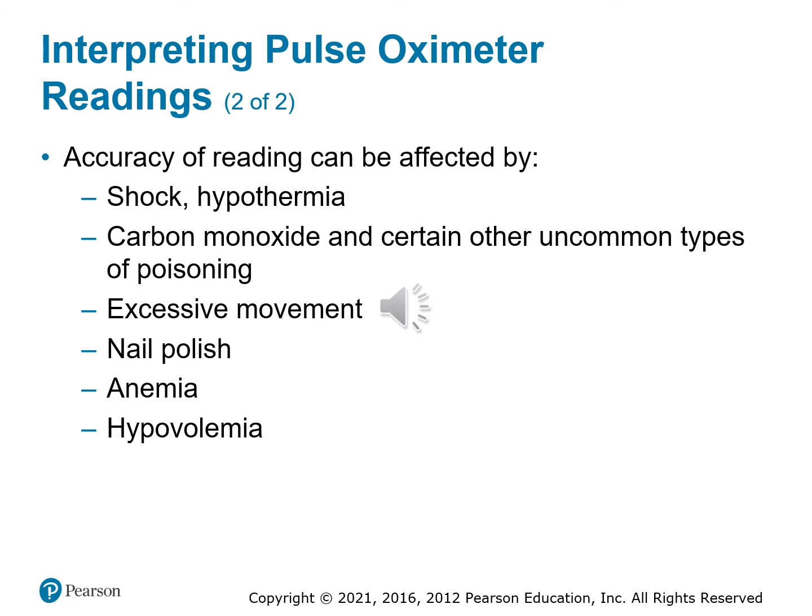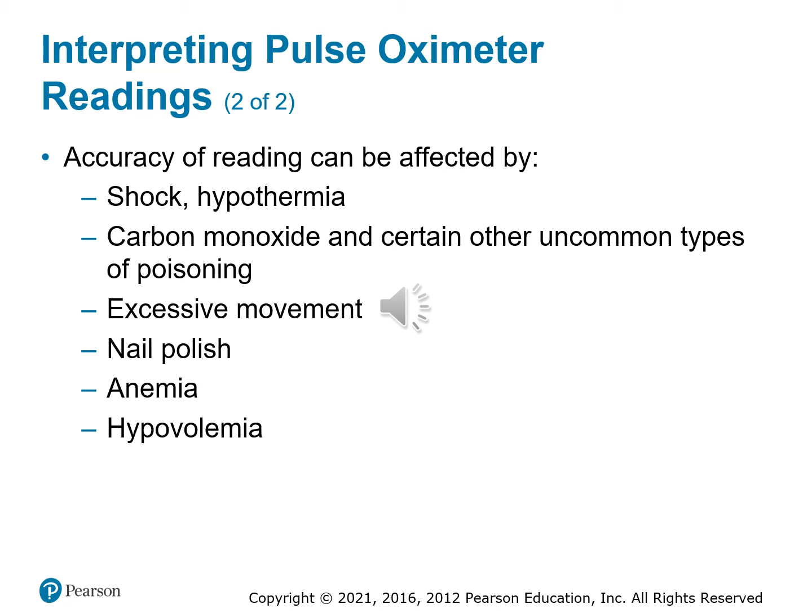So like I said, the pulse ox is usually accurate. However, there are some things that can cause inaccuracies in it. If the patient's in shock and they're not perfusing to their extremities like they should, or if they're hyperthermic and they're not perfusing to their extremities like they should, you're not going to get a true reading. Another one is any patient that's had CO exposure and they might have carbon monoxide poisoning going on.